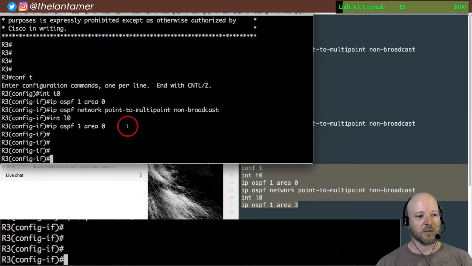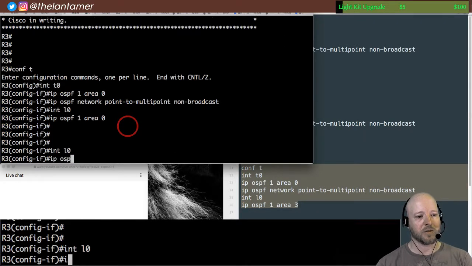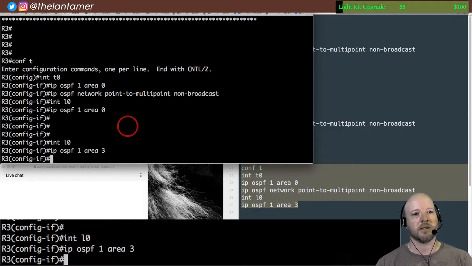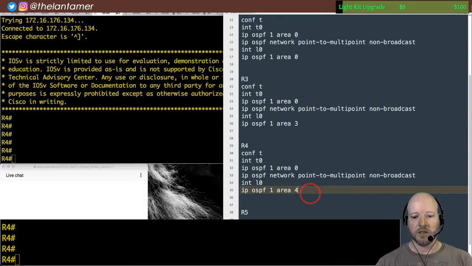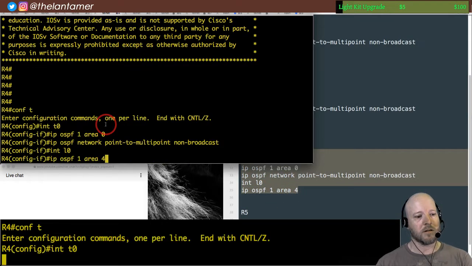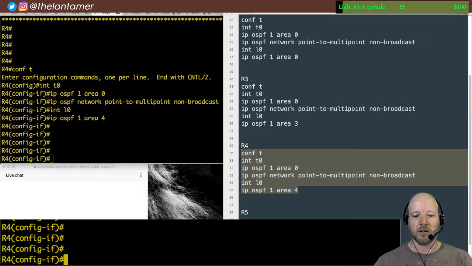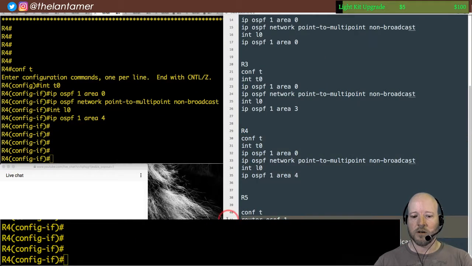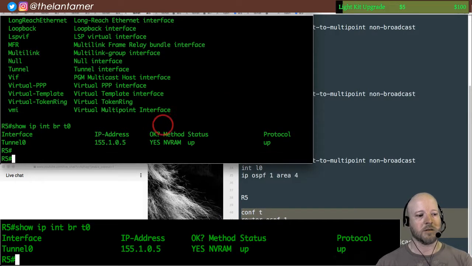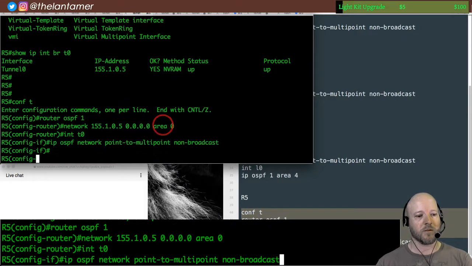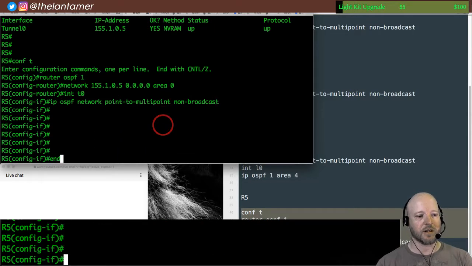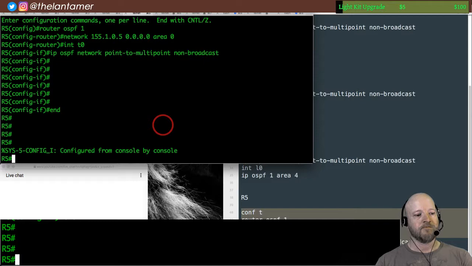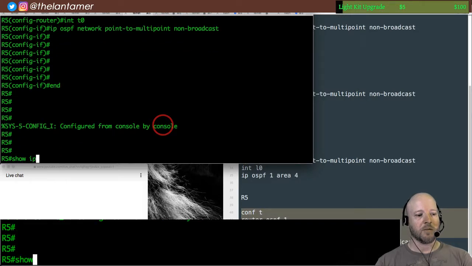Yeah, router 3's interface L0 is IP OSPF 1 area 3, and router 4 is area 4, right? Okay, router 5. Let's see what we get in terms of adjacencies here. Show IP OSPF.